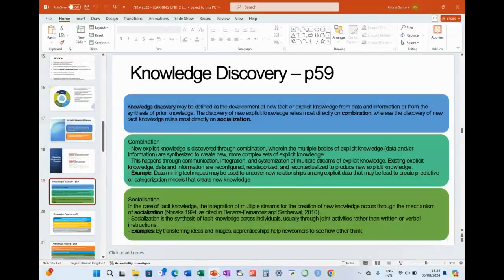Remember here, we're talking about discovering. So when you discover, that means whatever you are retrieving or learning or managing to get is new. So remember I said we're talking about knowledge that wasn't in existence prior. Does that make sense? And so under combination, we're talking about retrieving explicit knowledge, documented stuff that we can document.